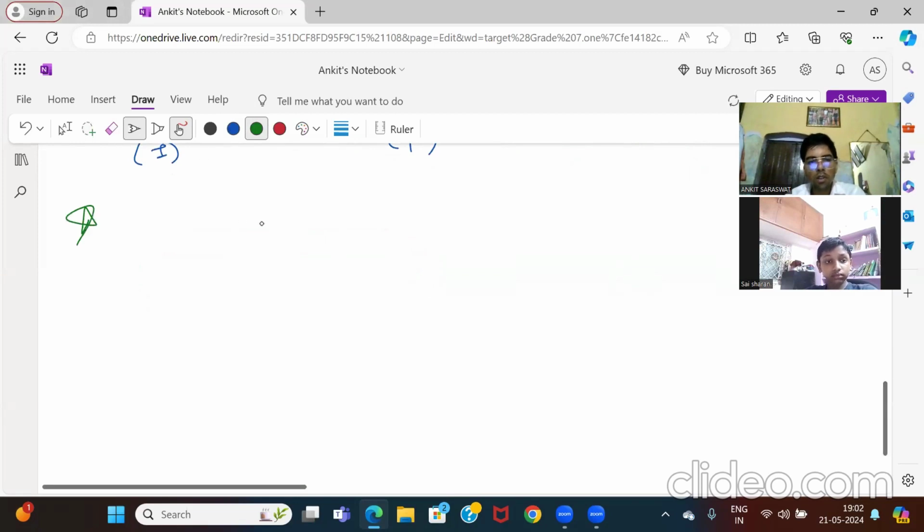Please write. If a particle is moving on this path, starting from A and moving on a circular path like this and coming back to the same location, center, circular path, radius R. Then what is distance?